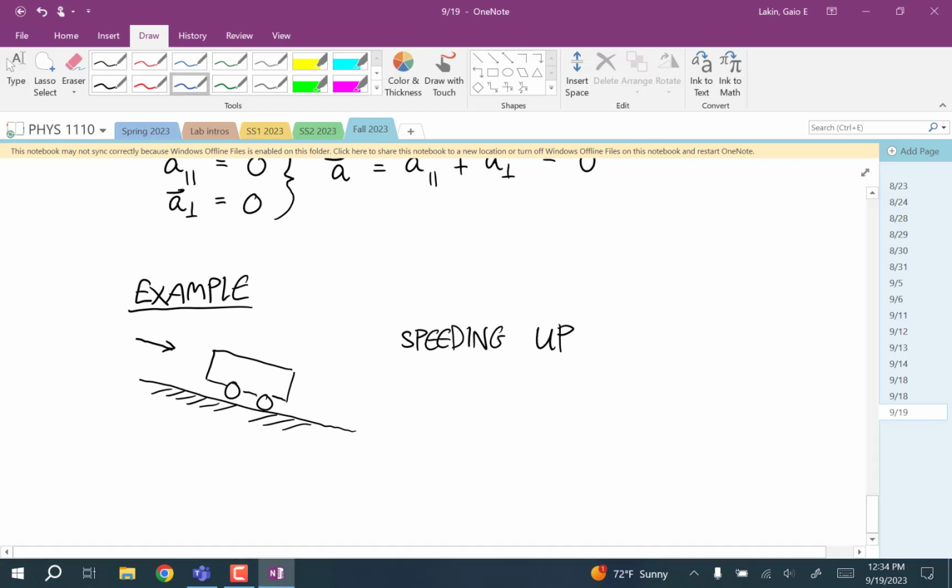The path of the object going through its center is like that. The velocity vector is tangent to that path. So there's the velocity.